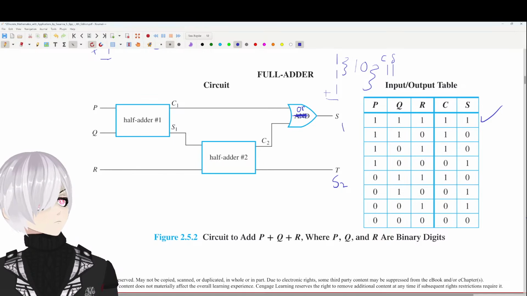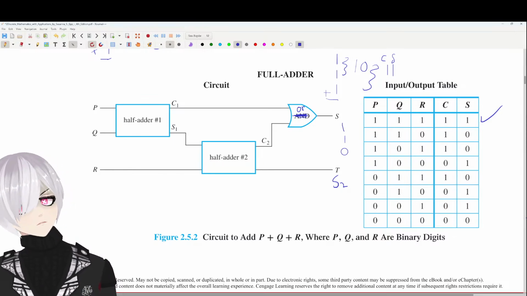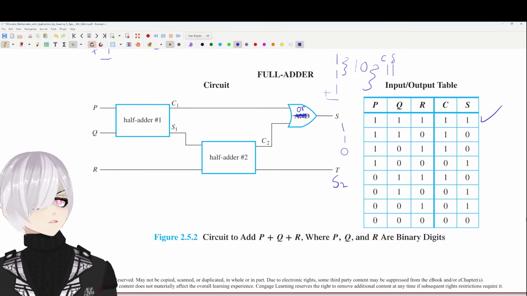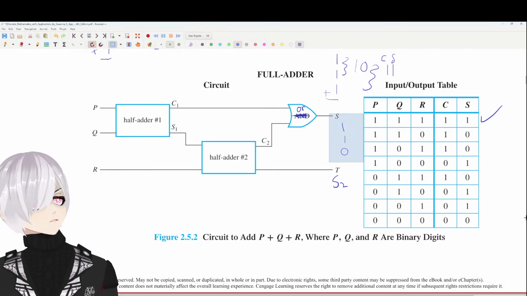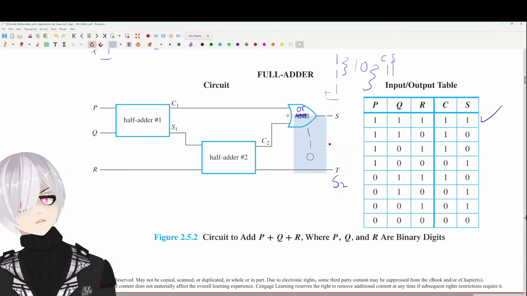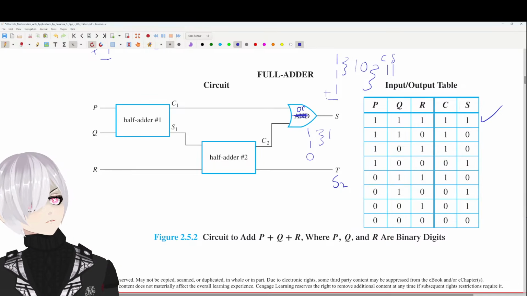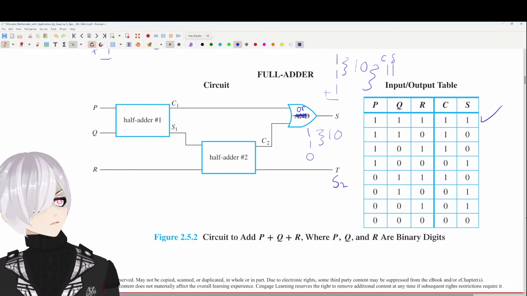Yeah. With P, Q, and then R being 0, you would first get your C1 and your S1. Your C1 would be 1 and your S1 would be 0. Then you add R to that.